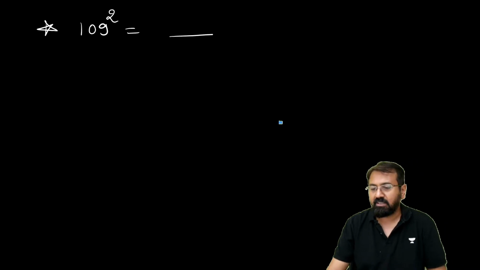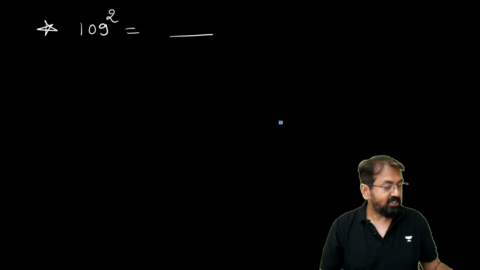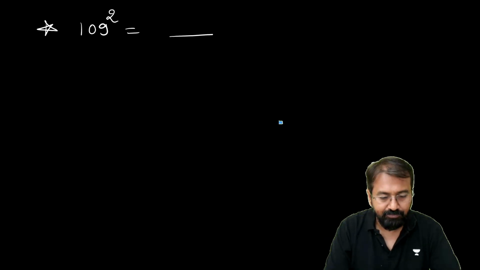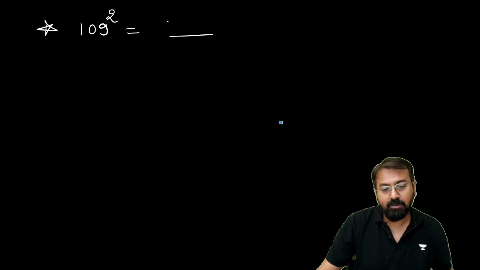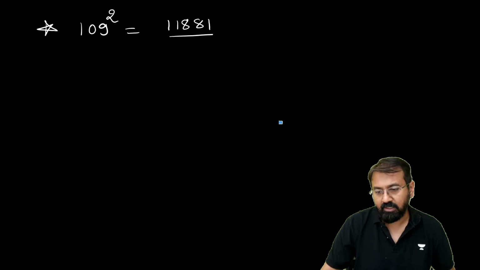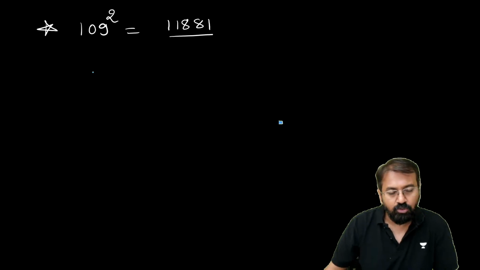Everyone, type it in the chat box. 109 square. So 109 square will be 11881. Correct? So let's understand how to calculate this.